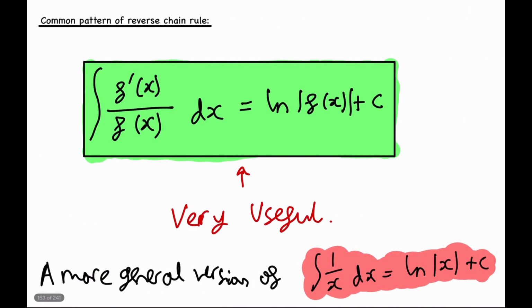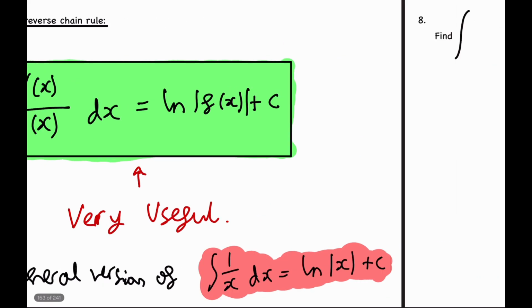And remember we said before that when you integrate 1 over x dx, you'll get an ln form. This is just a more general version of it because you have a function at the bottom instead of the 1 over x by itself. So now let's move on to a question to see how we can apply this. In this case, we have the x squared at the top, which looks similar to the differentiation of this, but it's not the same.